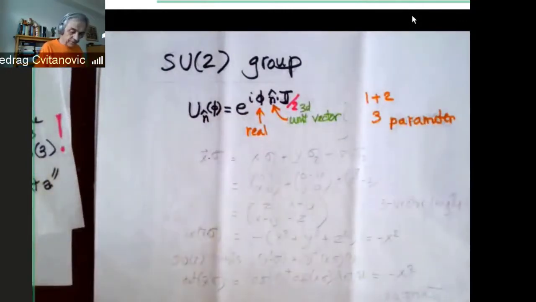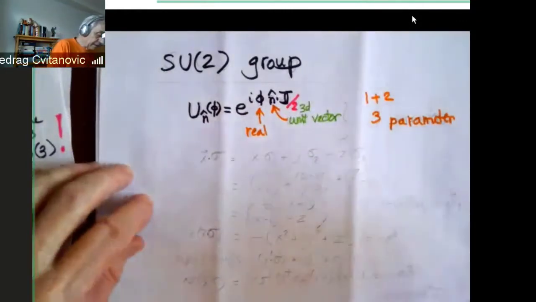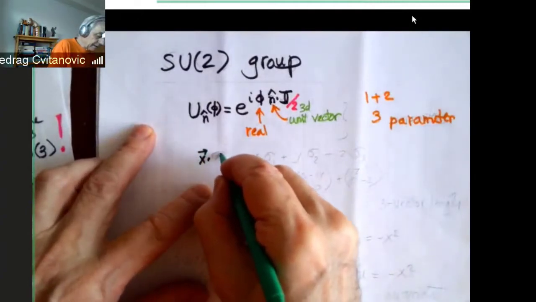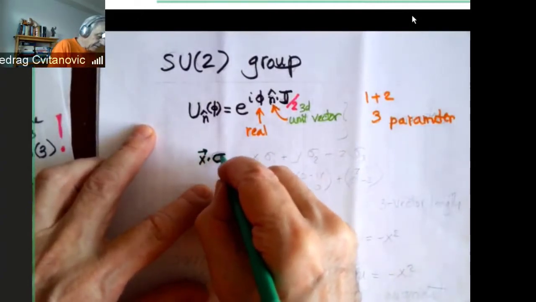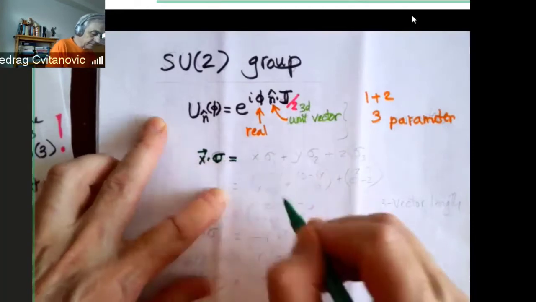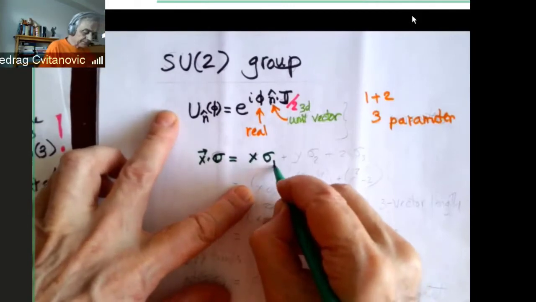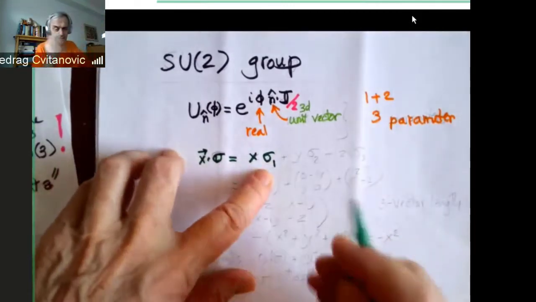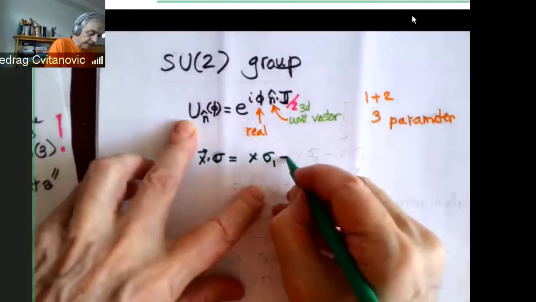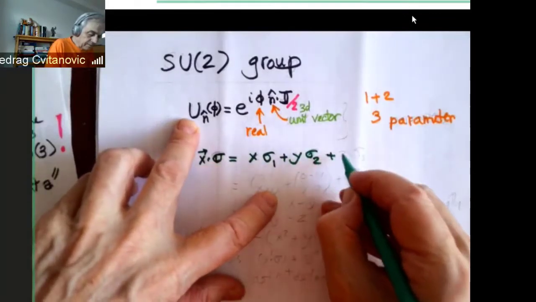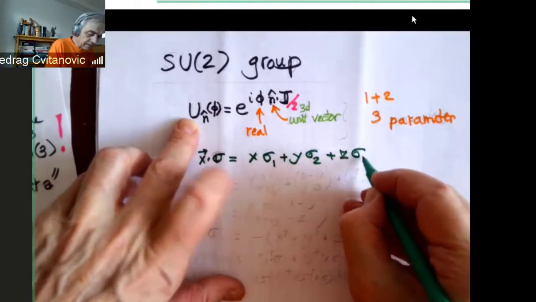Now, for no reason whatsoever, but obvious in hindsight, let's take the 3 matrices and multiply them by a real number: x times the first Pauli matrix, y times the second, z times the third.